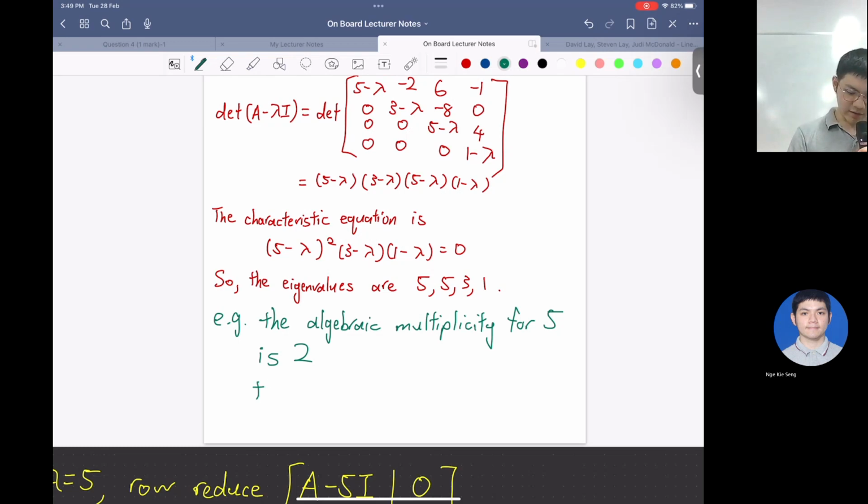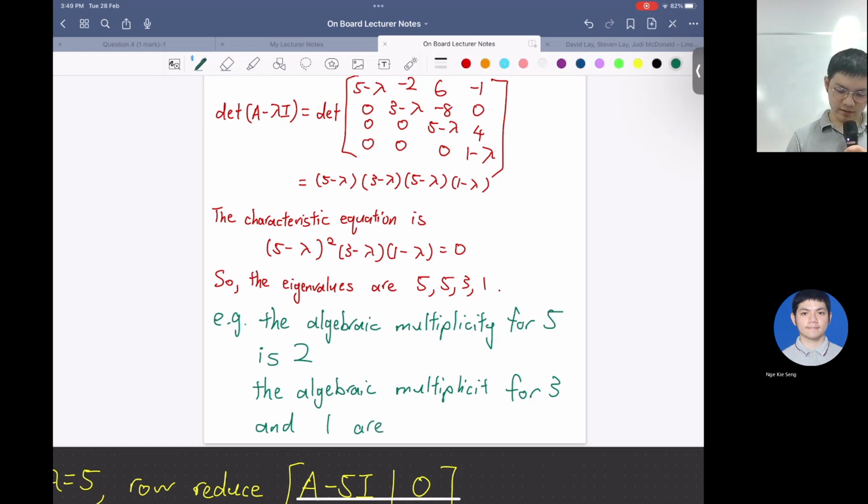And the algebraic multiplicity for 3 and 1 are 1. Okay, so algebraic multiplicity refers to the multiplicity of the root in the characteristic equation.